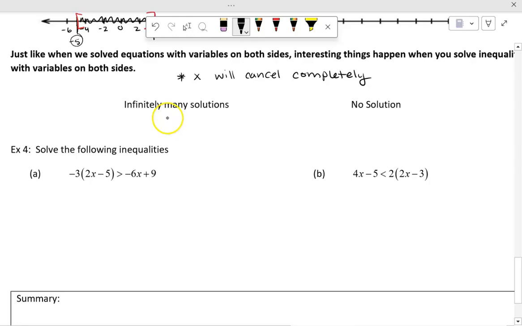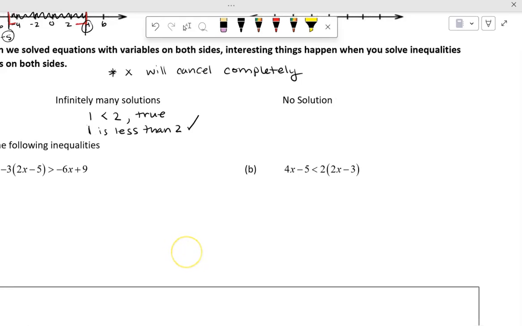Infinitely many solutions would be a situation where x is gone completely and you have a statement that is true. For example, 1 is less than 2 is a true statement because 1 is less than 2. So it's true.